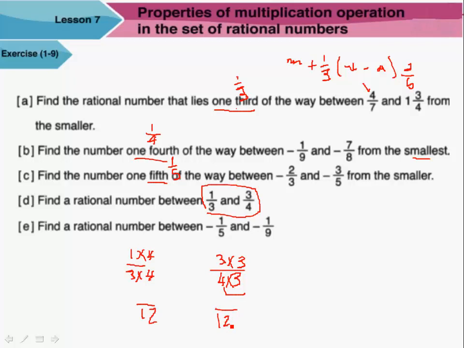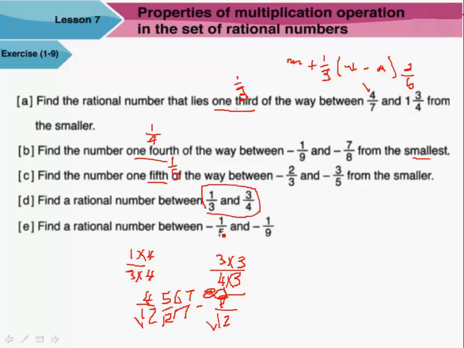We have the same denominator, and here is 4, and that one is 9. He asked for a rational number between these two. So with the same denominator, what is between 4 and 9? 5, 6, 7, 8. Which means 5/12, 6/12, 7/12, and so on.